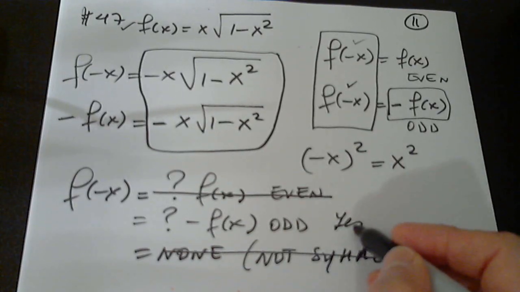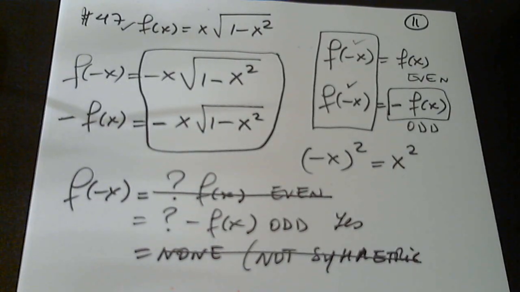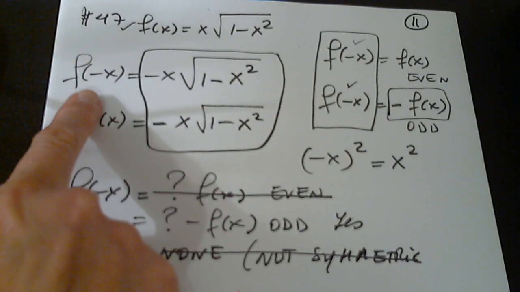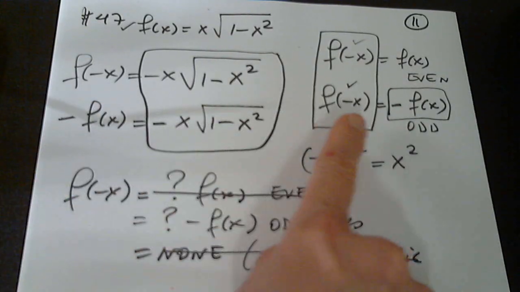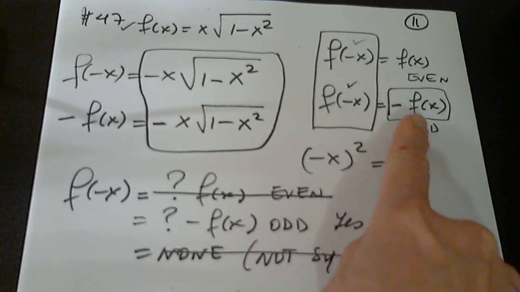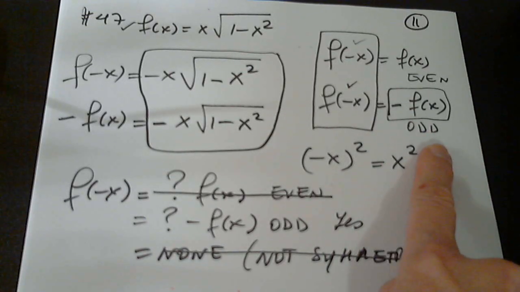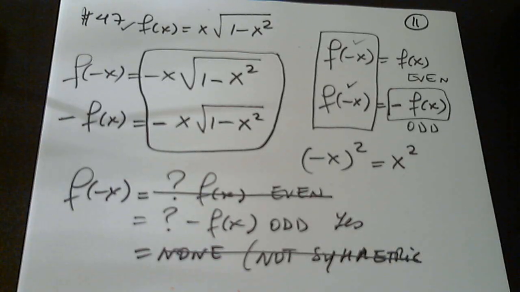And yes. Do we see that f of negative x is the same as negative f of x? And this is the property called odd, or the function is called an odd function. Is this clear? Do we understand this process?